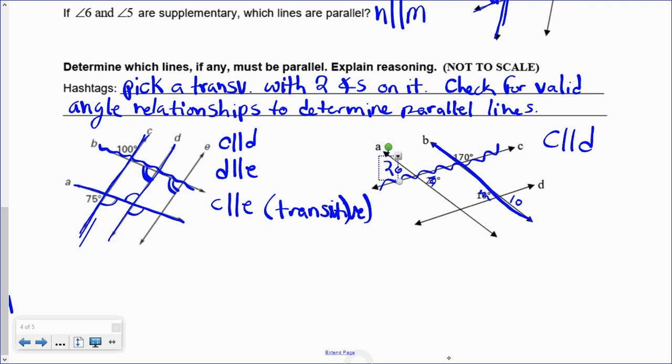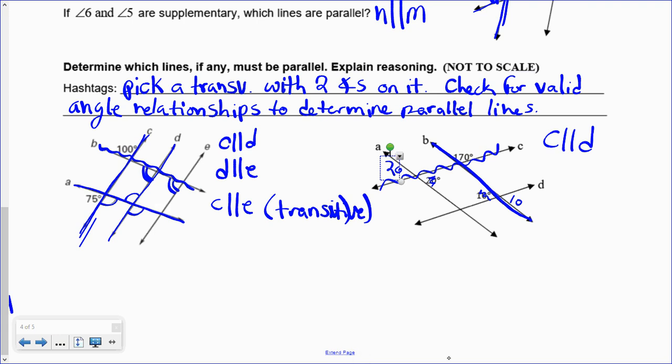Is that all we do? Yep. Until you can't find any more transversals, you just stop.